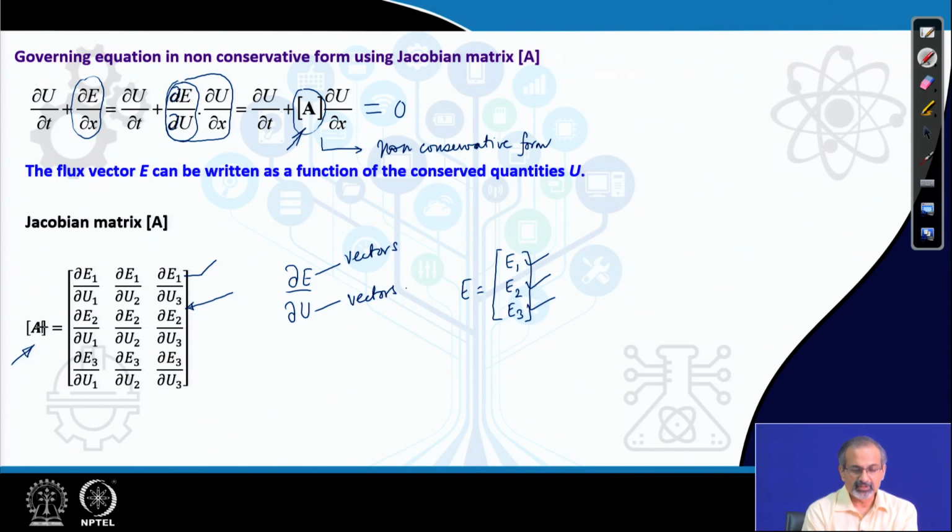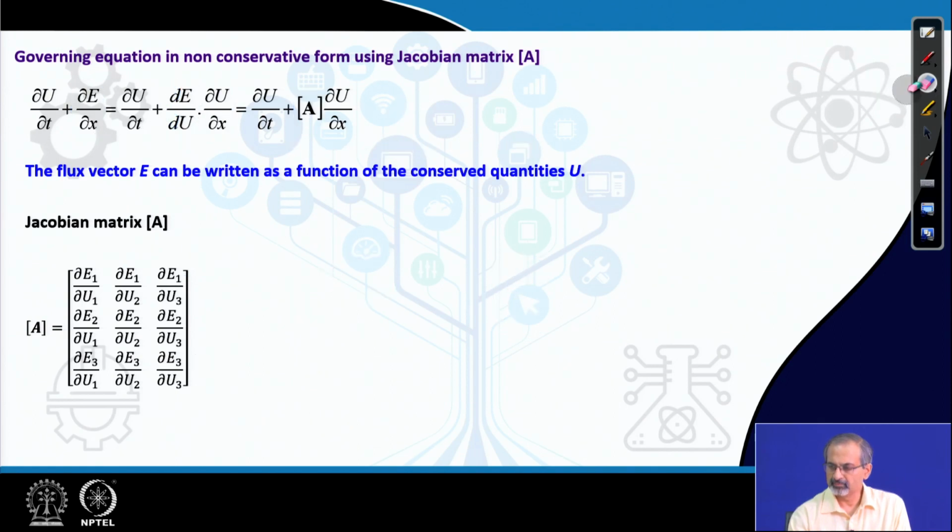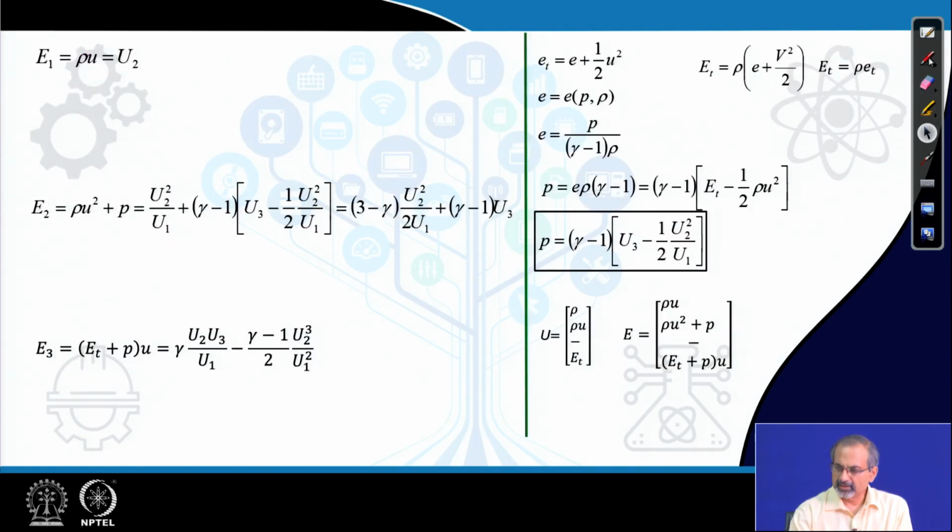So, the Jacobian matrix first row comprises partial derivatives of E1 with respect to the 3 components of U. Second row comprises partial derivatives of E2 with the 3 components of U. Third row comprises partial derivatives of E3 with respect to the 3 components of U. And then our intention would be to express each of the components of E in terms of the components of U. So, this is U1, this is U2, this is U3, similarly E1, E2 and E3.